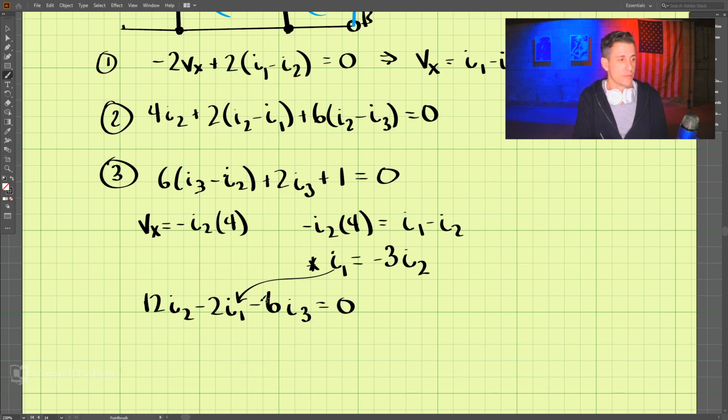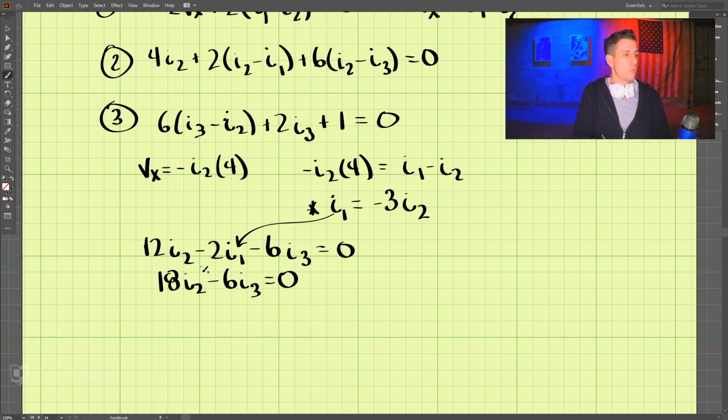So that becomes positive 6. So we have 18 I2 minus 6I3 equals 0. And then we can solve for I2.